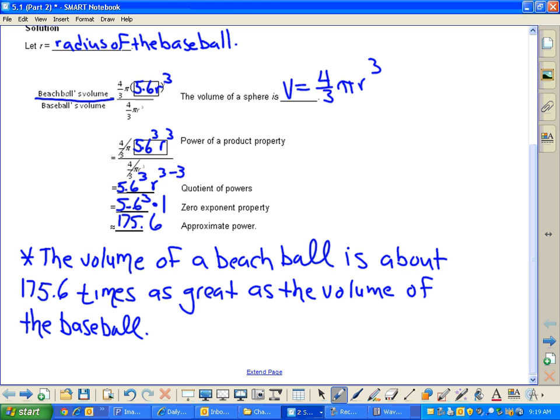So just tweaking our radius changed the volume by 175.6 times.